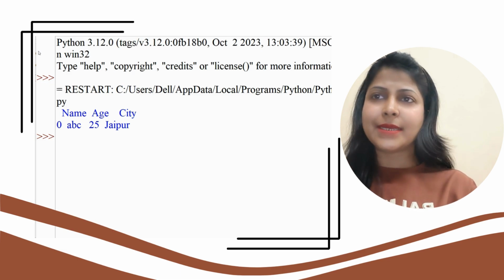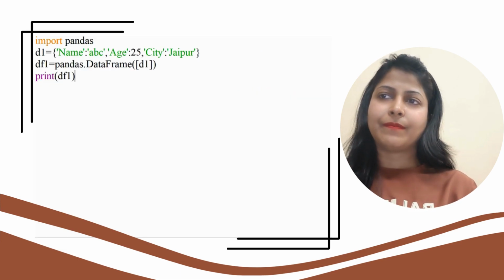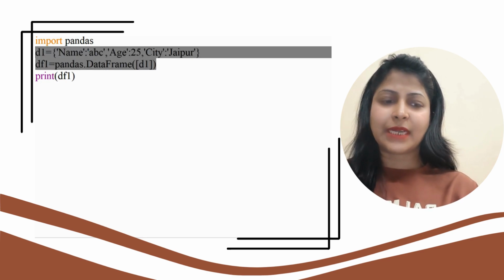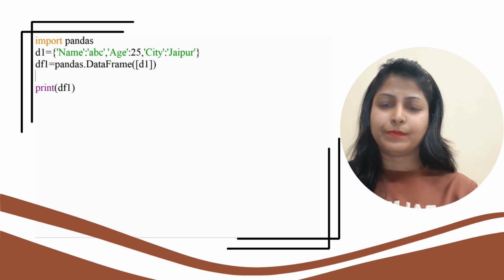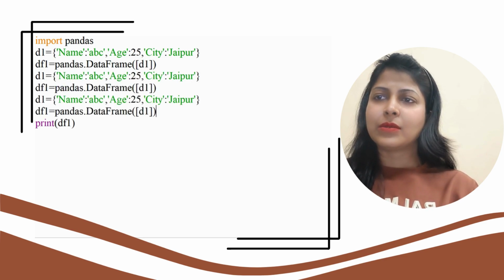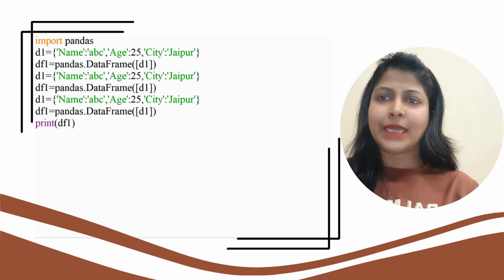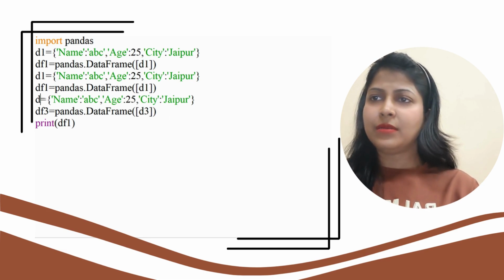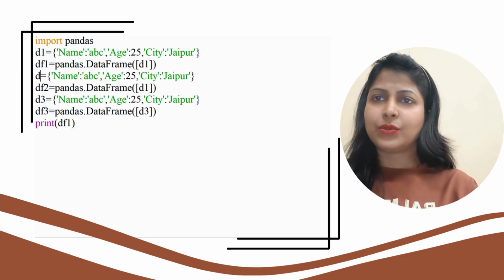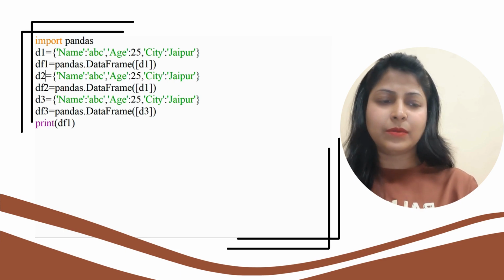Now likewise, create 3 data sets, that means 2 more. So let me quickly convert it. This is D2, and this is D3, and let me change the data as well.